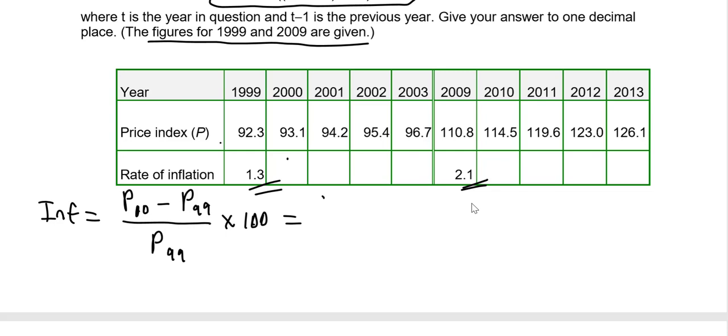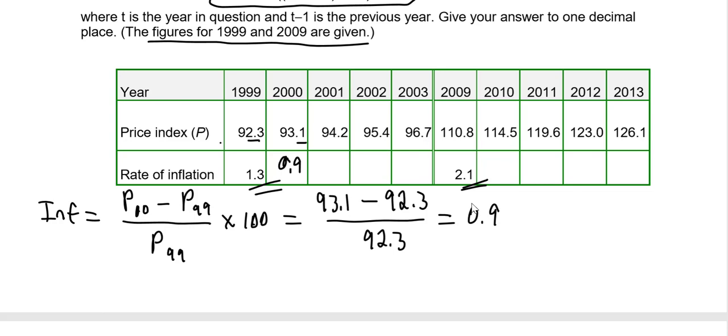That gives us 93.1, minus the previous year's price level, over 92.3. And here the answer is 0.8 something. I'll just round it up to the next whole number. That's 0.9.